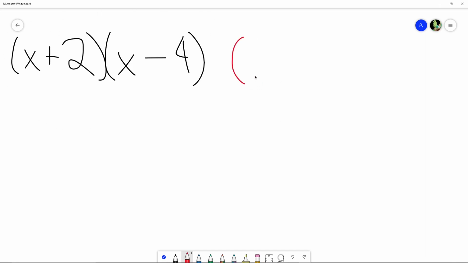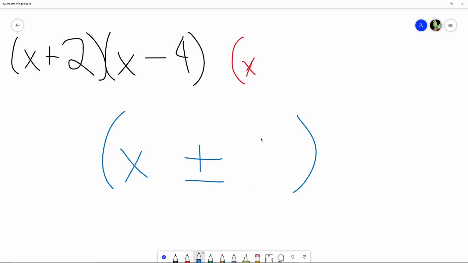But if you want a degree of 3, you're going to have to create 3 factors. Factors are, you know, inside a parenthesis, which has x plus or minus, and then what value you desire. And that's a starting point, just to make this easier. So I'm gonna give you an example right here.